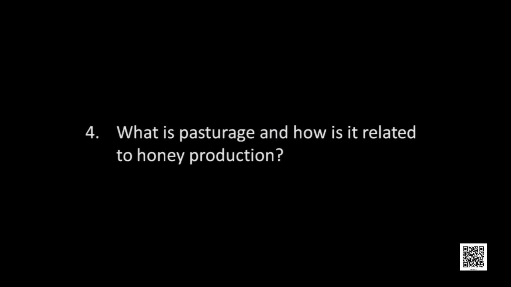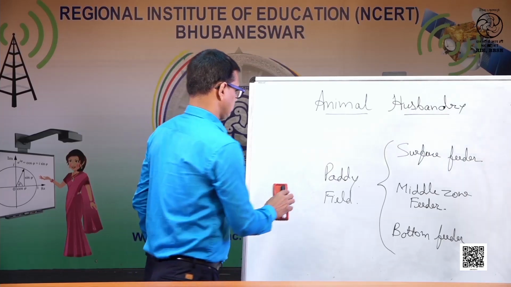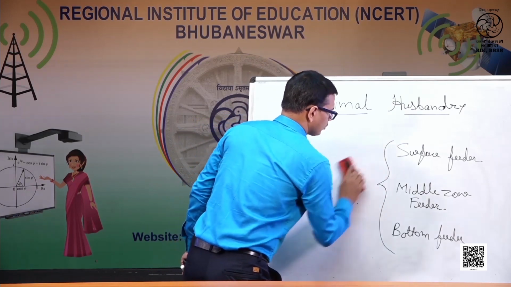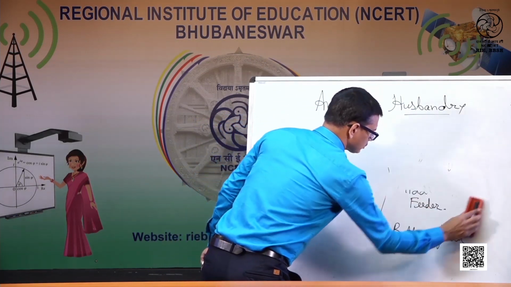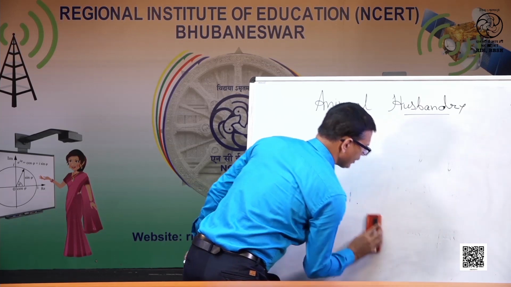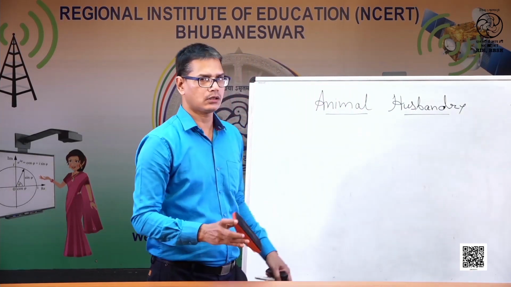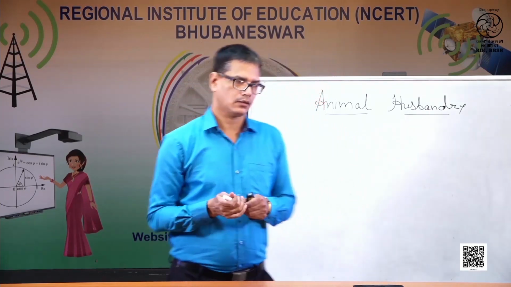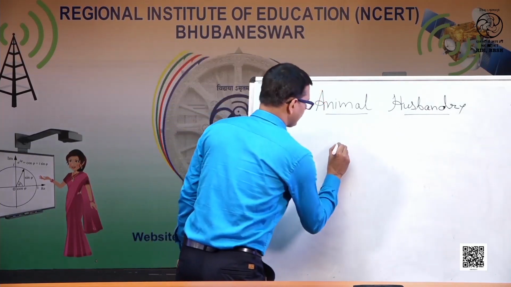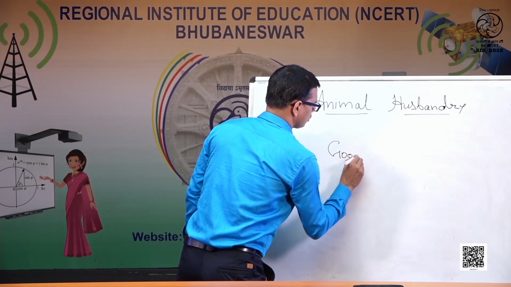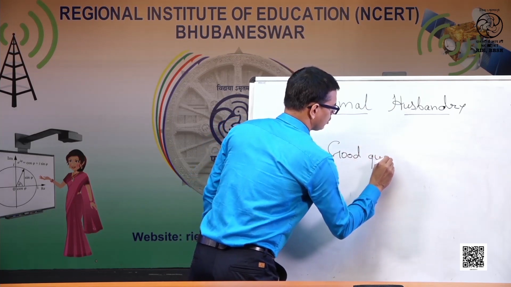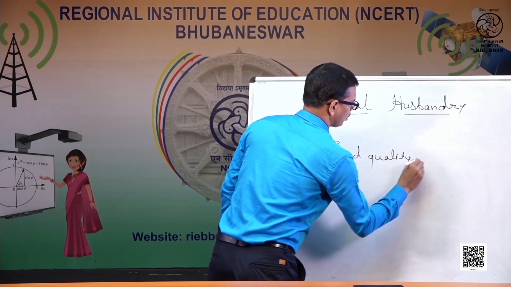Next question: what is pasturage and how is it related to honey production? We also discussed it. Pasturage is the flowers of the surrounding area. If the quality of flowers is good, we get good quality of honey.